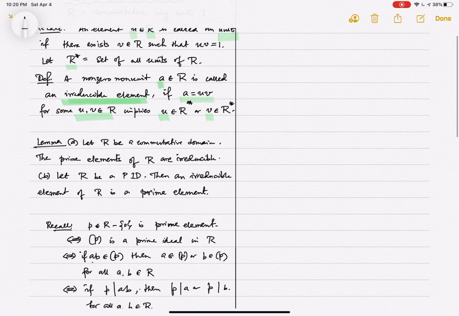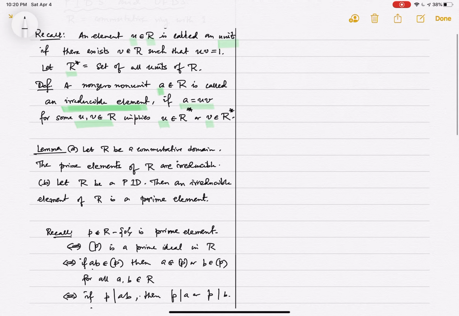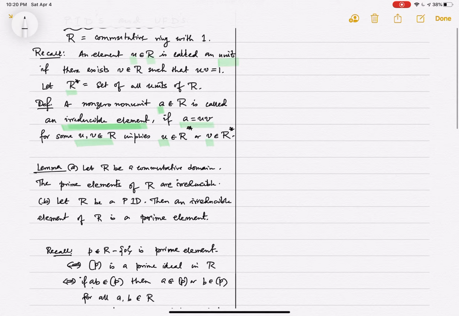Okay, so given all this background, let's try to get through the proof of this lemma. Part A. Let P in R be, so here also I suppose non-zero, I should say, because by definition irreducible elements have to be non-zero, whereas 0 could be a prime.